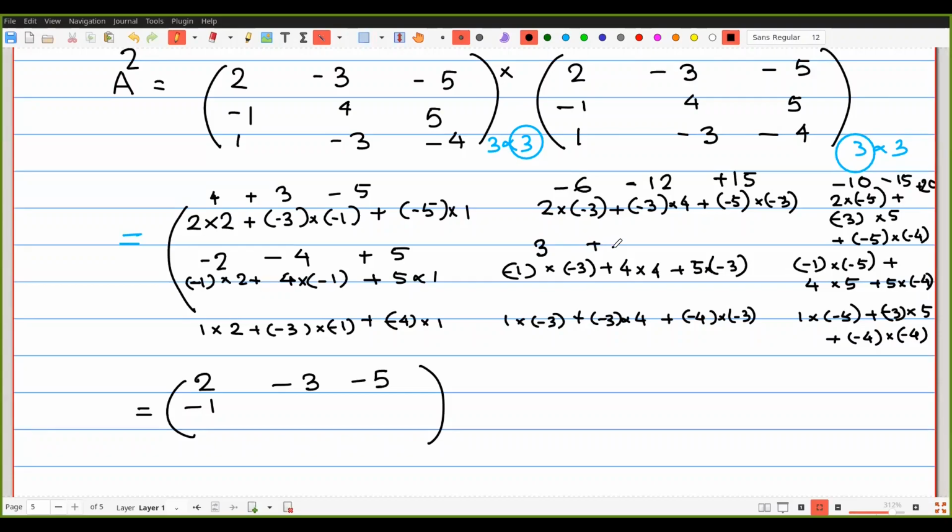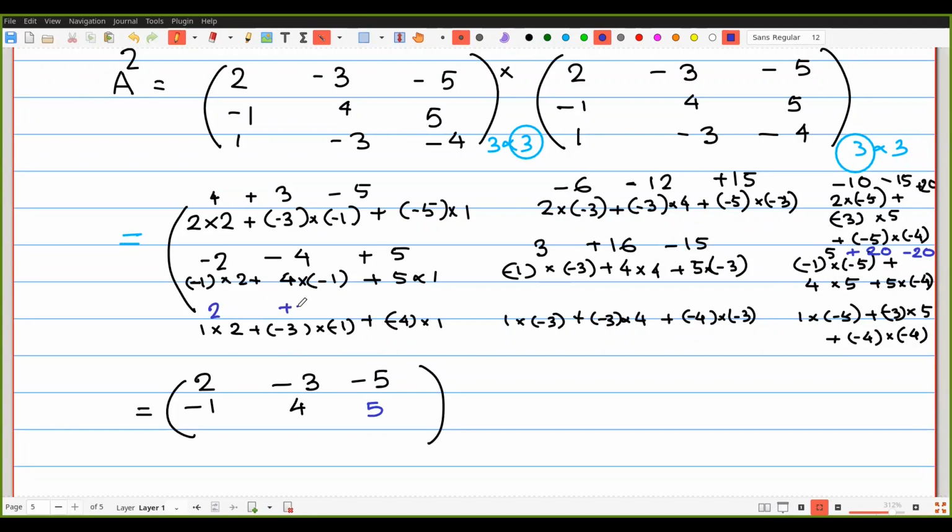3 plus 16 minus 15, that means 4. That one, 5 plus 20 minus 20, so the result is 5.